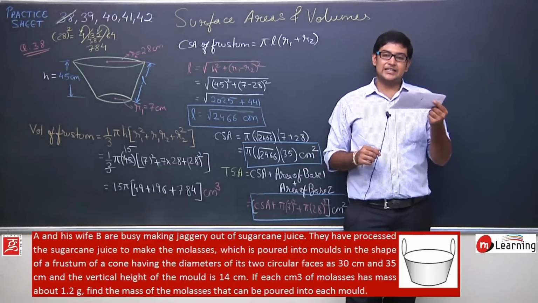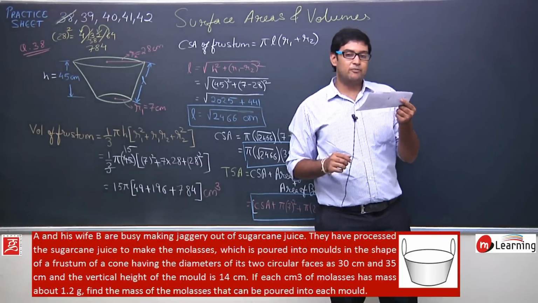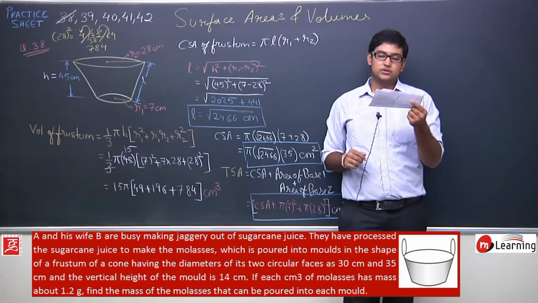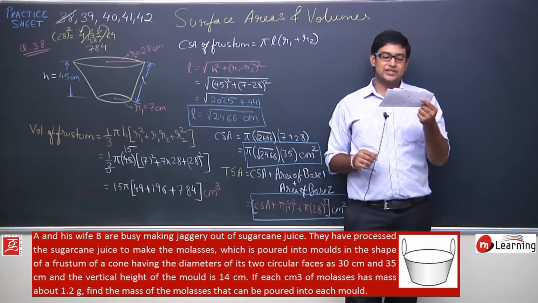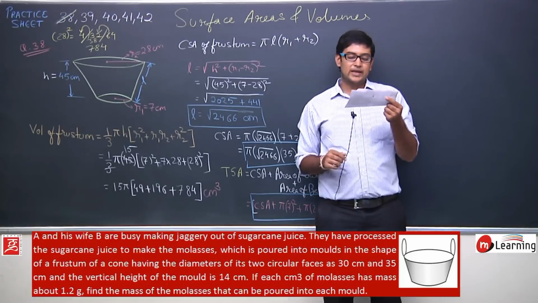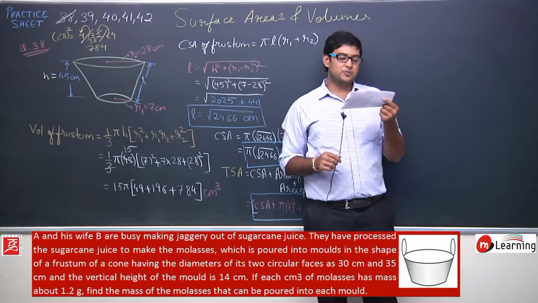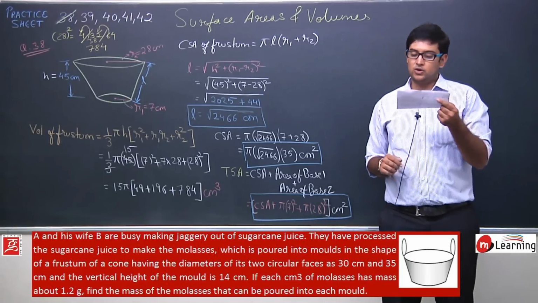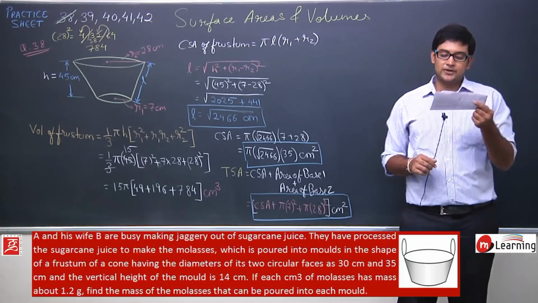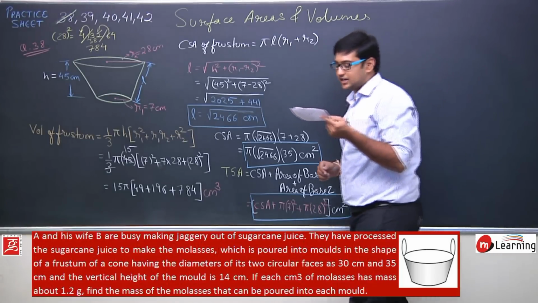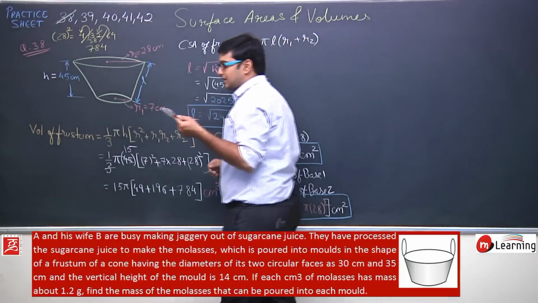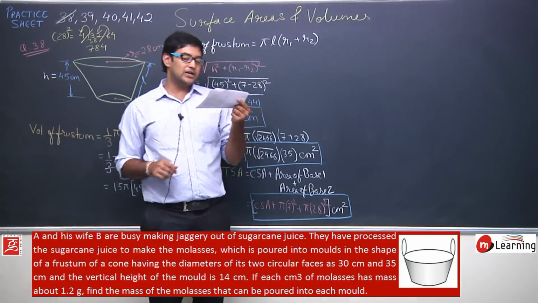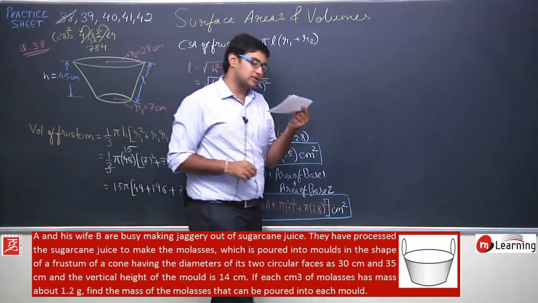Question number 39 says, A and his wife B are busy making jaggery out of sugarcane juice. They have processed the sugarcane juice to make the molasses, which is poured into molds in the shape of a frustum of a cone, having the diameters of its two circular faces as 30 centimeters and 35 centimeters, and the vertical height of the mold is 14 centimeters.